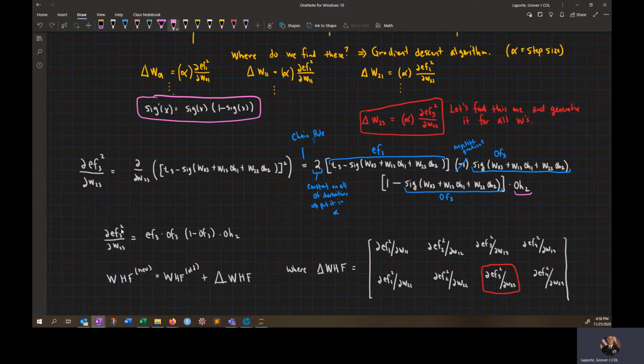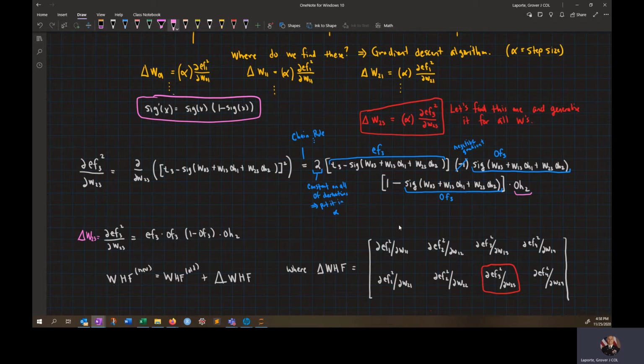We get the partial of EF3 squared with respect to W23 is just the third component of my error of the final layer, which is the third component of the output vector of my final layer, and then 1 minus that same number times OH2, which we can just pull off the values, right? So we can find this number. These are all out there, and that will give us delta W23.